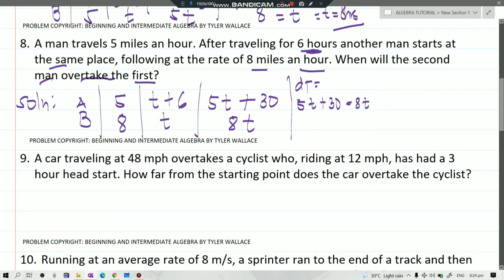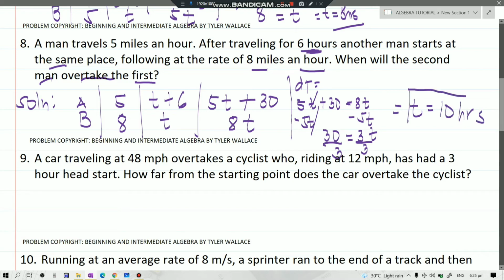Okay? Then, isolate na lang natin si T sa right side. So, we have negative 5T and negative 5T. So, we have 30 is equals to 3T. And divide both sides by 3, you will get T is equals to 10 hours.